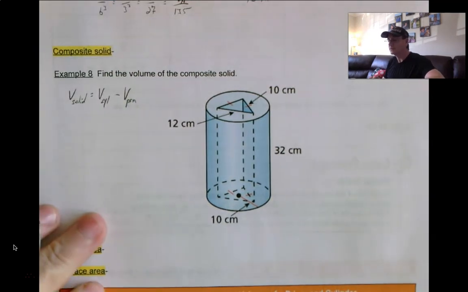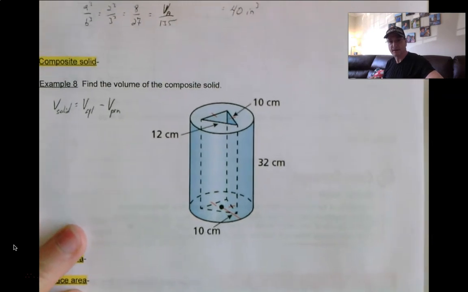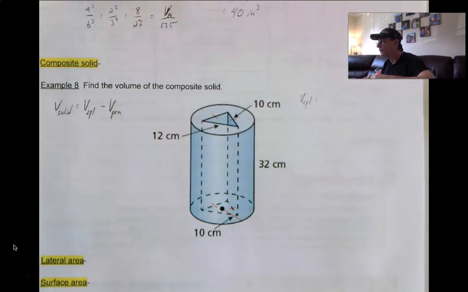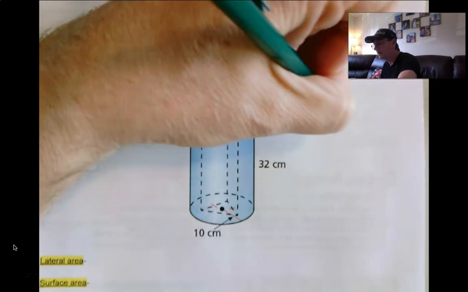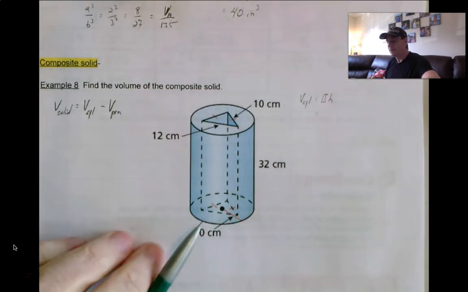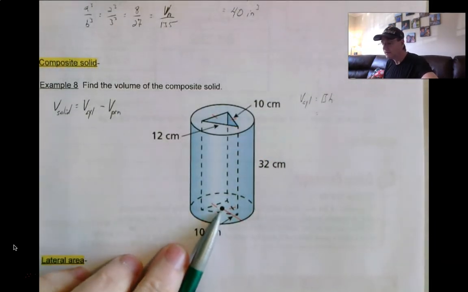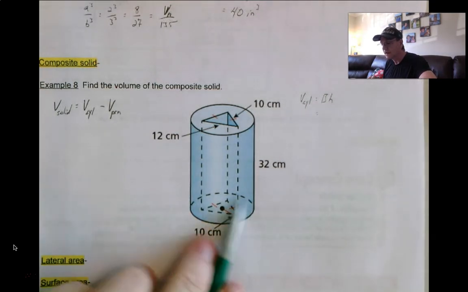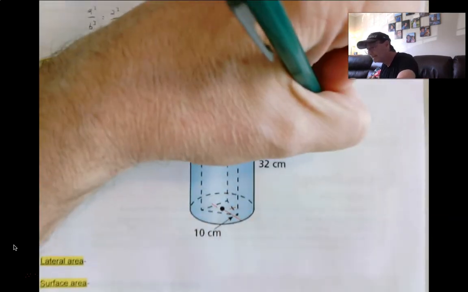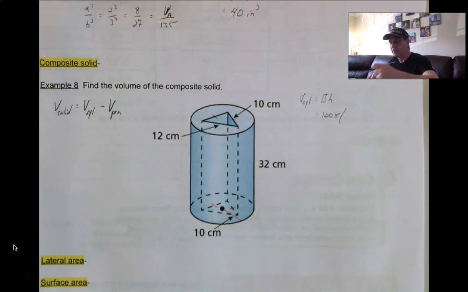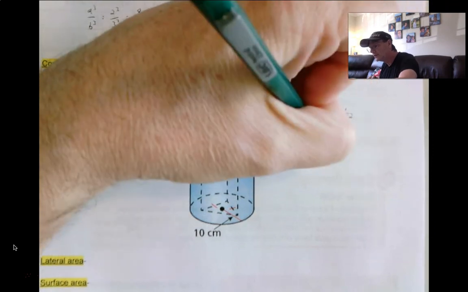Okay, so let's find the volume of each one. Let's off to the side here, find the volume of the cylinder. So the volume of the cylinder, area of the base times the height. Area of the base. So we have down here that the radius is 10 centimeters. So the area of the base is 100 pi centimeters squared, times the height, 32 centimeters.